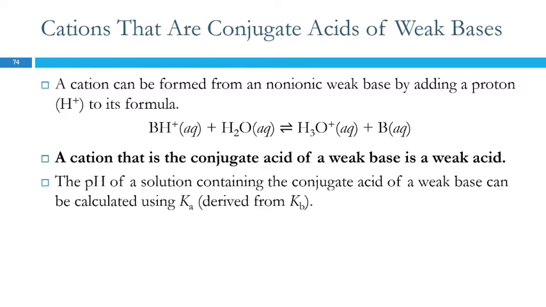If one is strong, the other one is nothing. Okay? So I think the most important thing is weak base, weak acid. If one's a weak base, the conjugate is a weak acid. If one's a weak acid, the conjugate is a weak base.